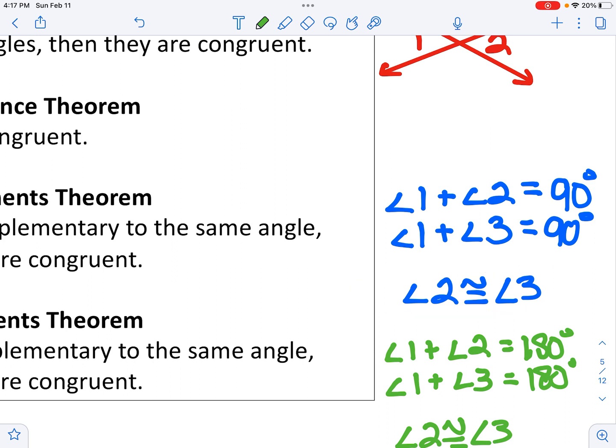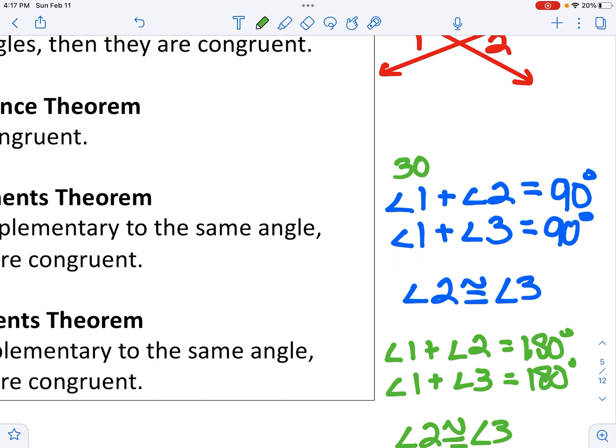Okay. Let's just take a look. Let's just say this was 30 degrees. Well, then that means this is 60. Okay, so that it adds up to 90. Now 1, we know is 30 degrees. Well, that tells us that then 3 would also have to be 60 degrees. So you can see both 2 and 3 are 60 degrees. So hopefully that makes sense, but that's called the congruent complements theorem.